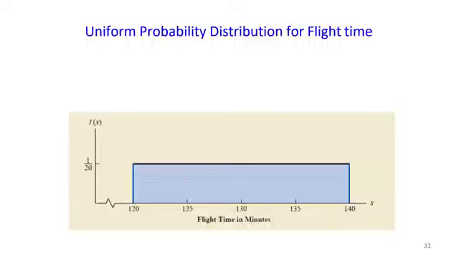So any value in this particular range will have an equal probability of 1 by 20. If I consider this random variable to follow a uniform probability distribution, then only will I consider it the same. If I consider a different distribution, the probability may change for X equal to 130.